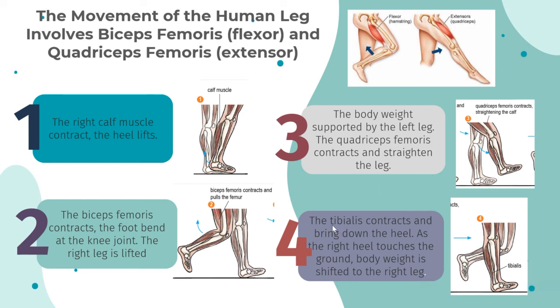I repeat, when the tibialis contracts, it pulls the heel down, and the right heel touches the ground. The body weight is now shifted to the right leg. And the same process occurs on the left leg. So that is what occurs during the movement of the human leg.